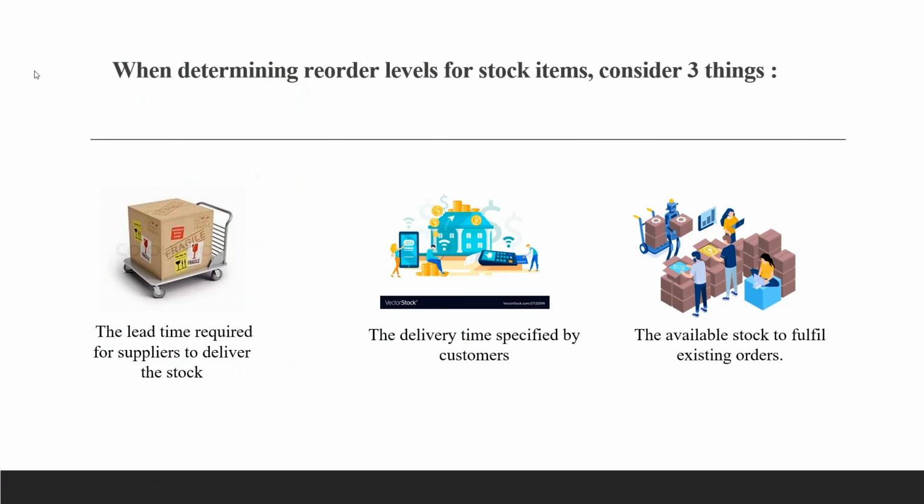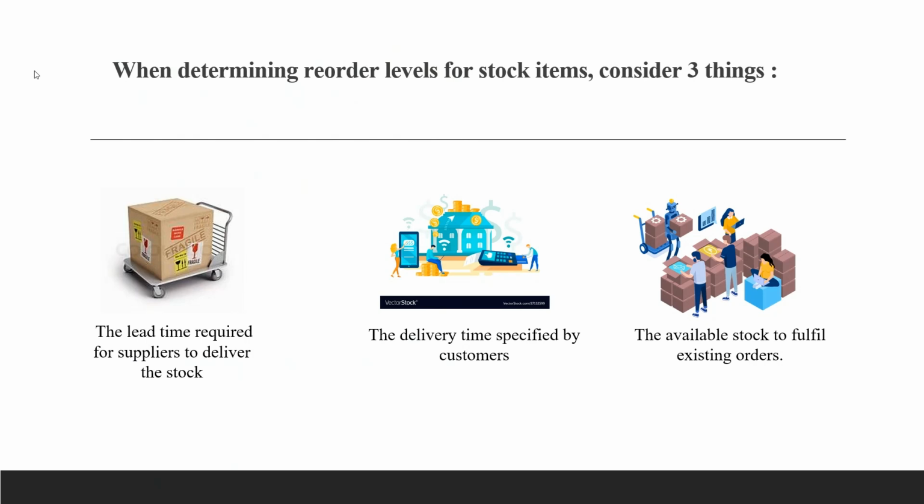The third one, we want to check the available stock to fulfill existing orders. These are the three things that we want to consider before setting a reorder level in Tally Prime.